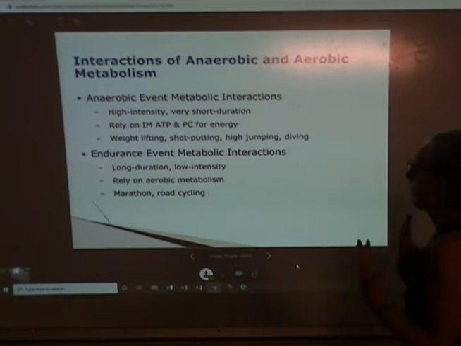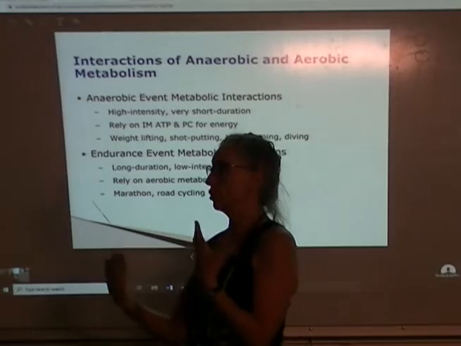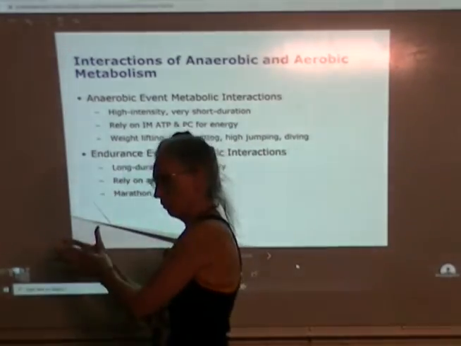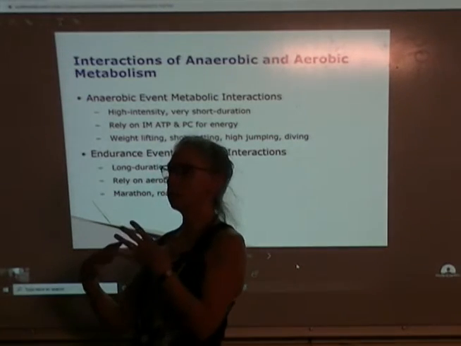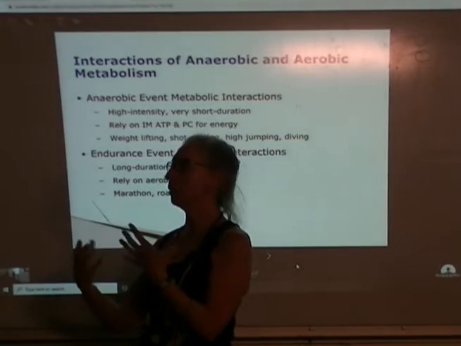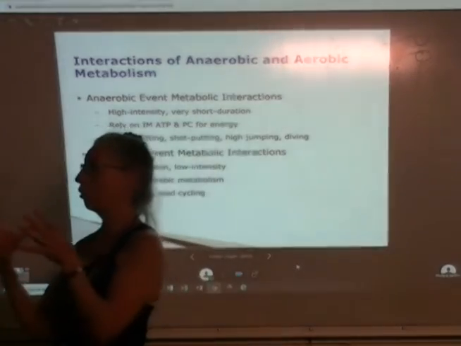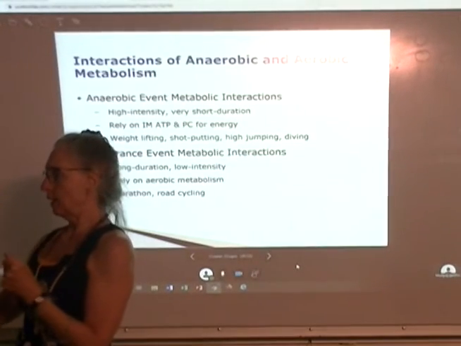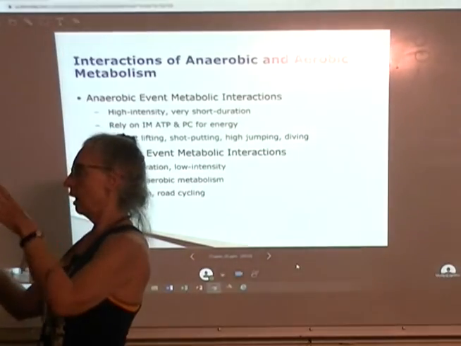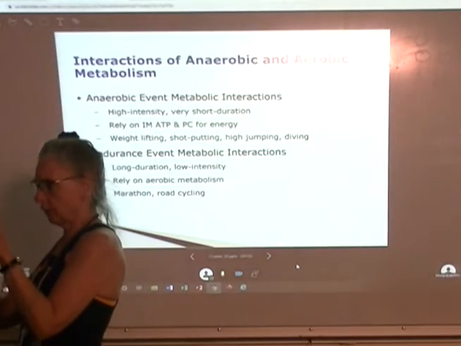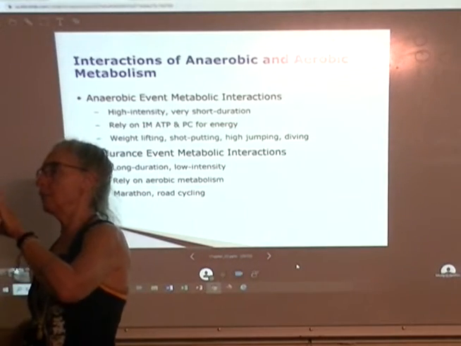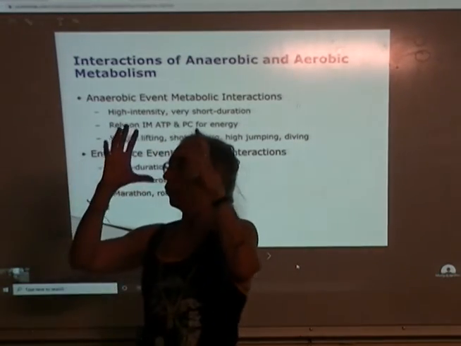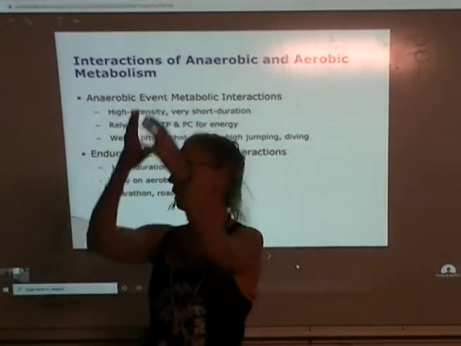So we tend to introduce the energy systems as system 1, system 2, system 3, because that's the simplest way of breaking them down. Okay? In actuality, what happens is that almost 100% of the time you have aerobic metabolism gurgling away at the bottom. For the first 30 seconds, system 1 is going to be predominant.